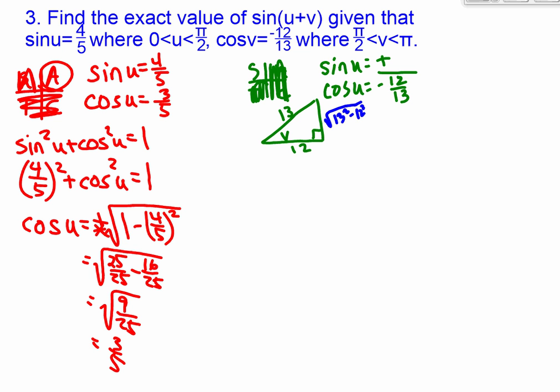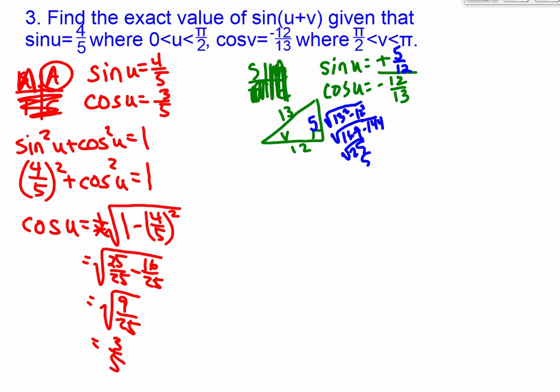So really I do the Pythagorean identity either way, but I don't do it like that, I guess. So what is that? 169 minus 144, and that is 25, and so that's 5. So this side is 5. So the sine is opposite over hypotenuse, so it's positive 5/13.